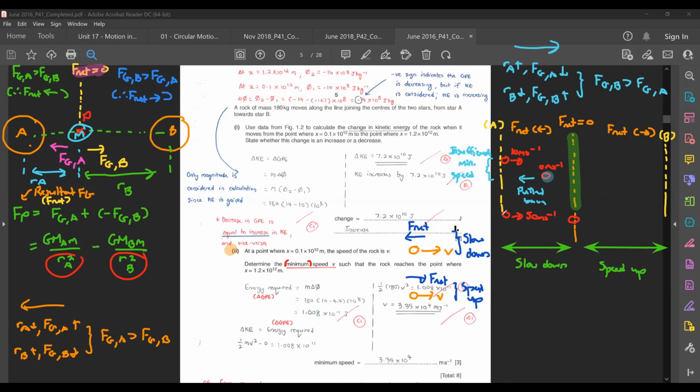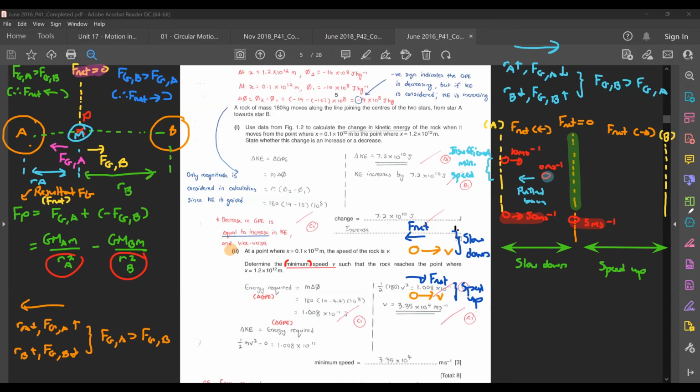If you project it with sufficient speed, let's say 50 meters per second, it will slow down, but when it reaches the F net equals to 0 point, you still have some speed. Let's just say you are still left with 5 meters per second.